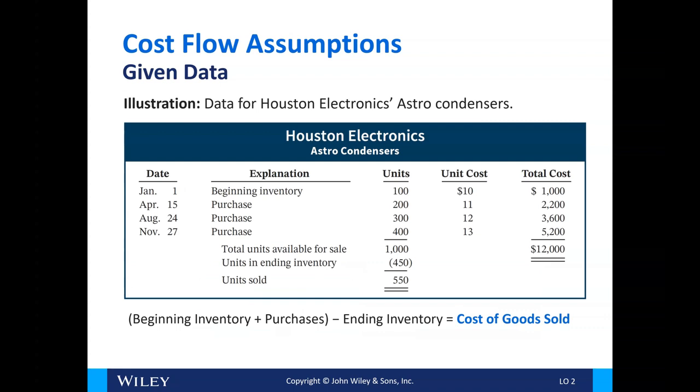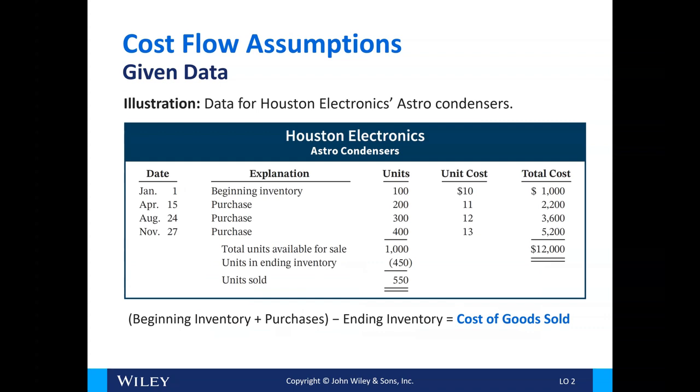All right, so we've got another cost flow assumption where we have beginning inventory of 100 units, unit cost of $10, total cost $1,000, and we will continue that. And so the total units available to sell would be 1,000. And the total cost of all of those units is 12,000.